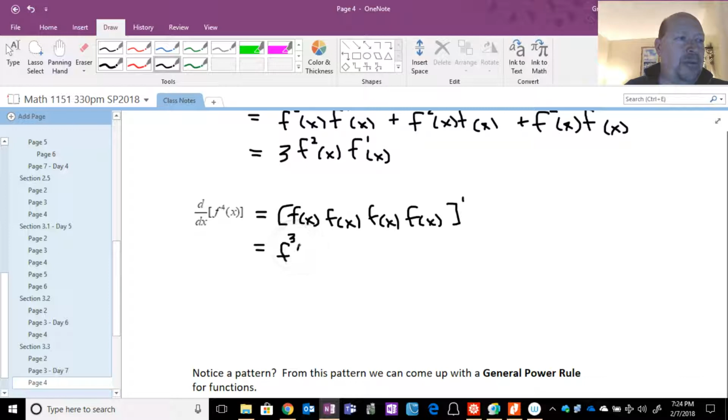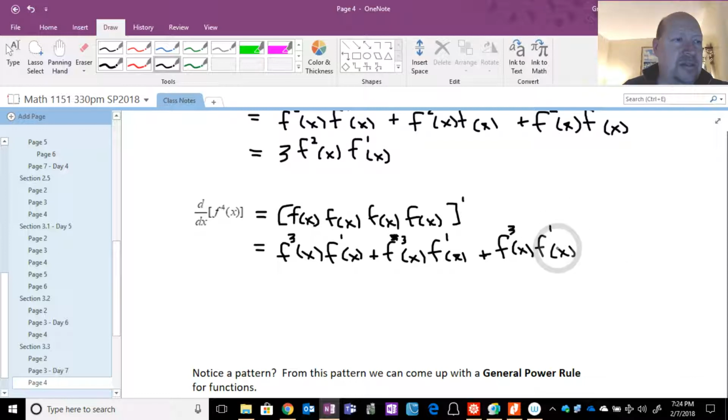f cubed of x, f prime of x, and we're going to have that 4 times. So this would be f cubed of x, f prime of x, plus f cubed of x times f prime of x, and then one last time would be f cubed of x times f prime of x.